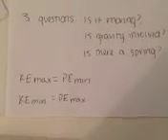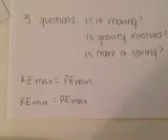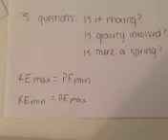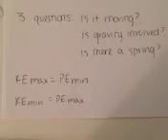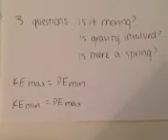Is it moving? If so, kinetic energy is involved. Is gravity involved? If so, potential energy gravitational is involved. Is there a spring? If so, potential energy spring is involved. Finally, when we're looking at a graph, when the kinetic energy is at its maximum, the potential energy is at its minimum, and when the kinetic energy is at its minimum, the potential energy is at its maximum. When you add the two together, you should get 100%, or 0 change when energy is conserved.